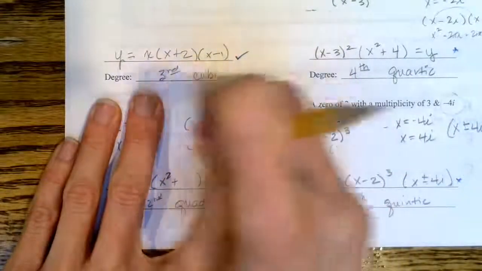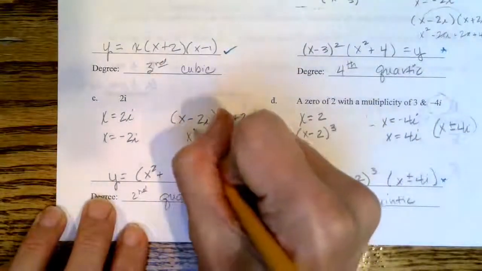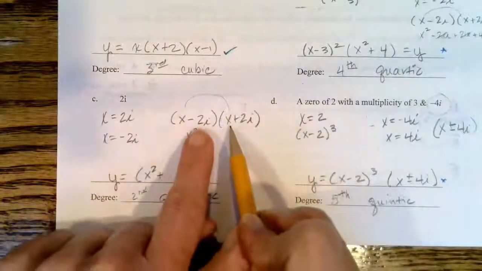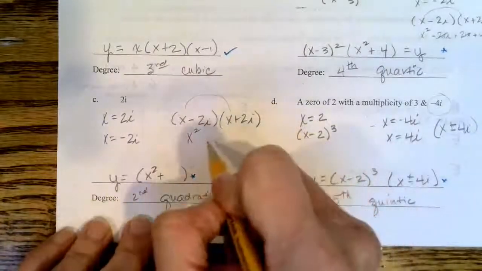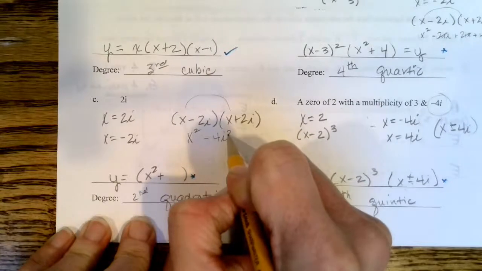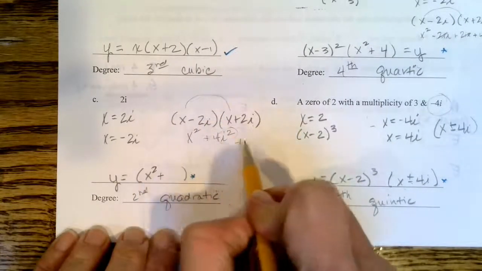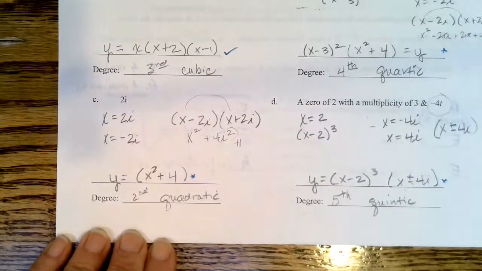So when I put my factors side by side, I know x times x is x squared. Here's my minus 2ix and my plus 2ix. They're going to make a zero pair. So that's going to give me minus 4i squared. i squared has a value of negative 1. So that makes each of these positive. So again, I have x squared plus 4.